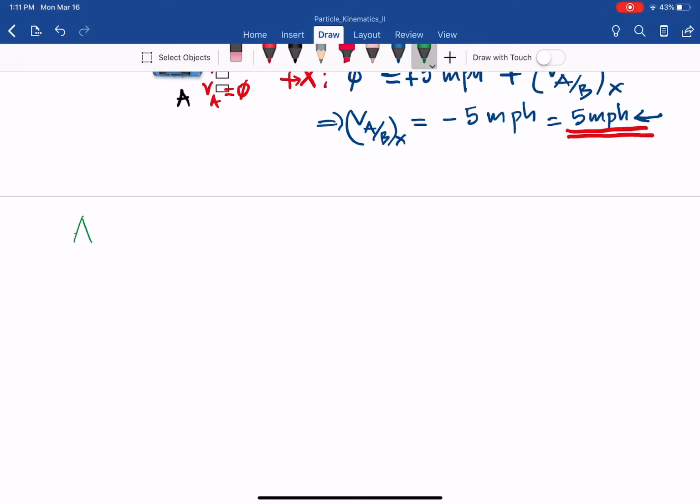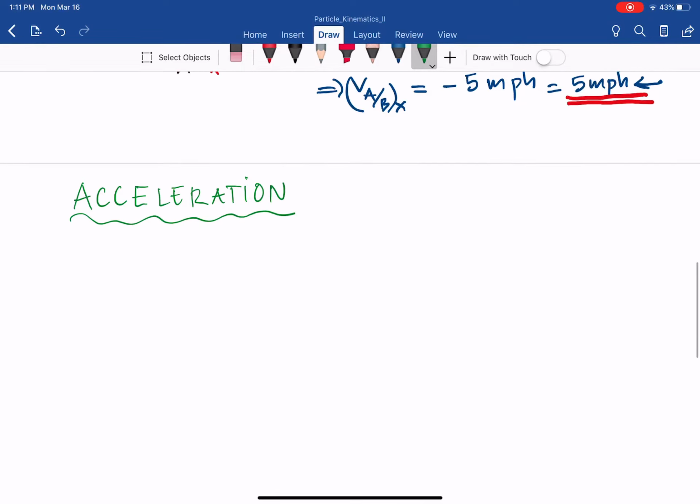Acceleration. Of course, we take another derivative to get the acceleration. From the relative velocity equation we have here, we take d over dt of the velocity.